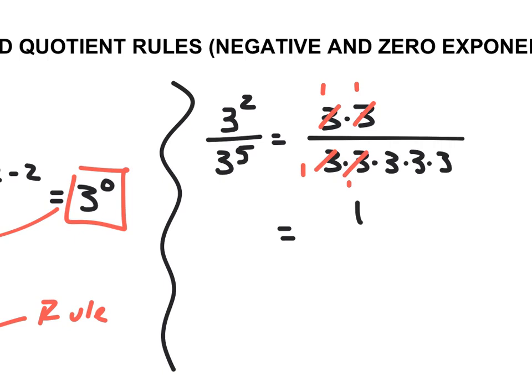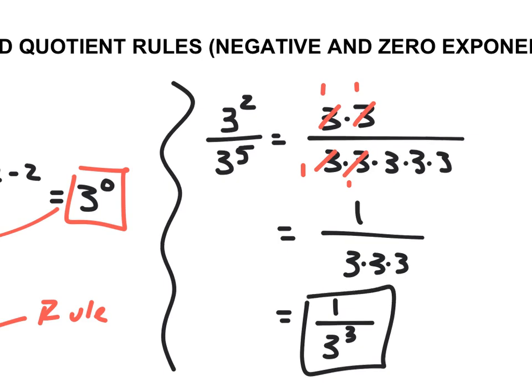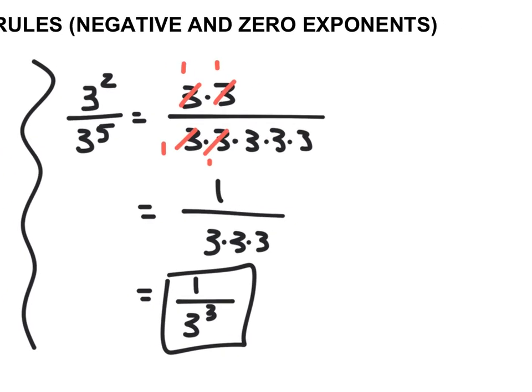If you got questions over that, please let me know. And then I have 3 times 3 times 3 in my denominator, which is going to end up just simply giving me 1 over 3 cubed. Okay? So I do it using the expanded method, and I get a positive exponent out of it.